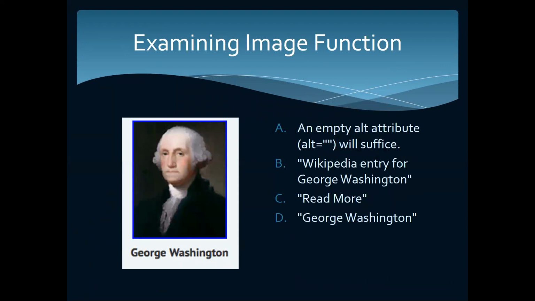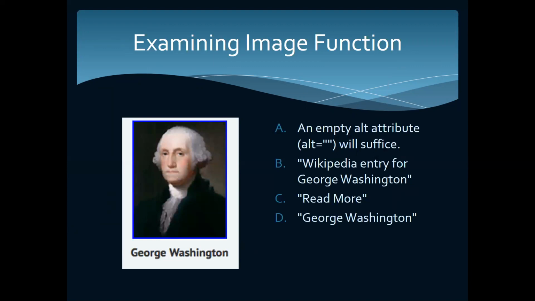This slide depicts our same image of George Washington, but this time that image functions as a link. So whenever an image is within a link or functions as a link, the function of the image must be presented in alternative text that's also within the link.